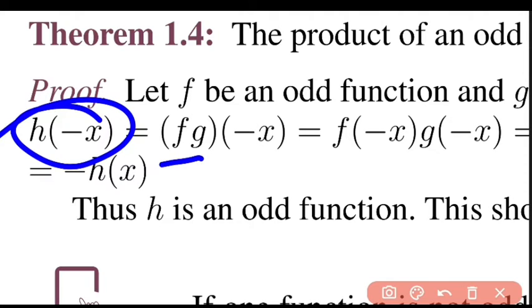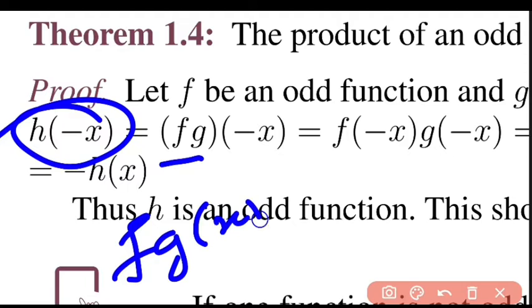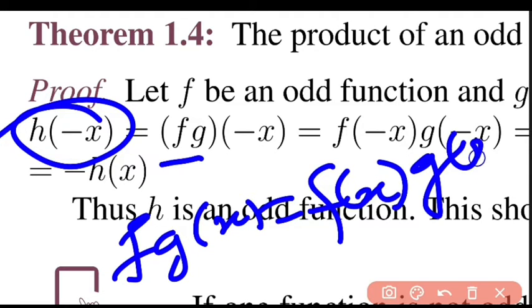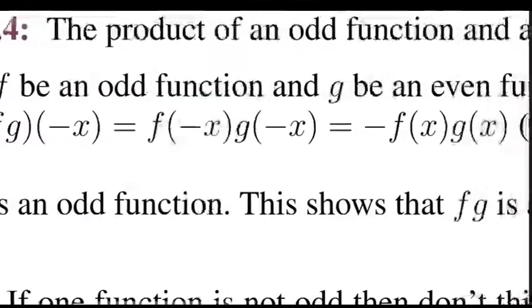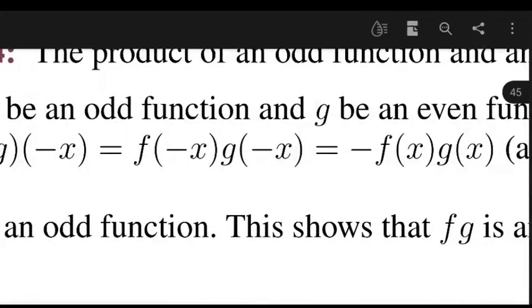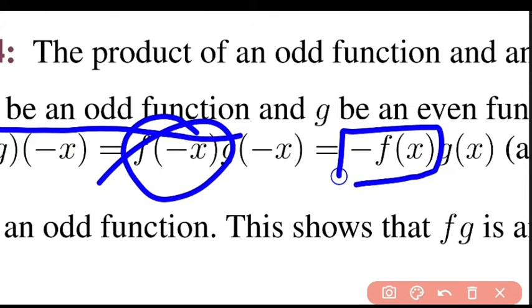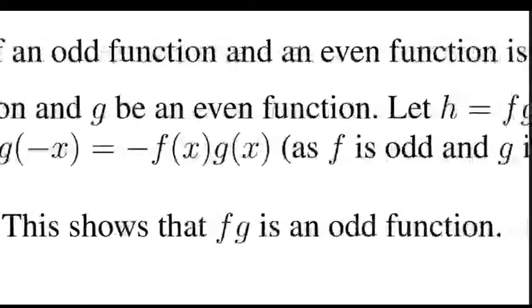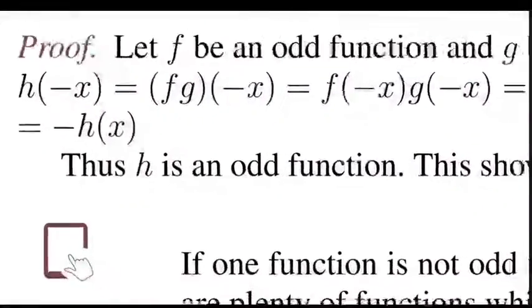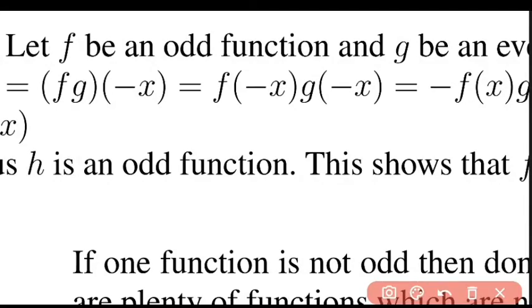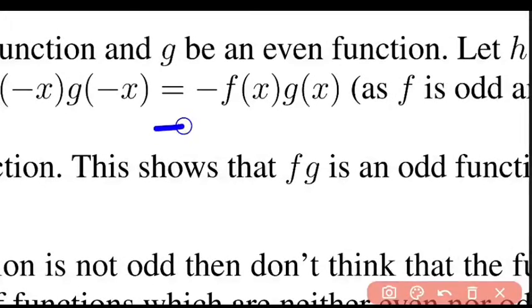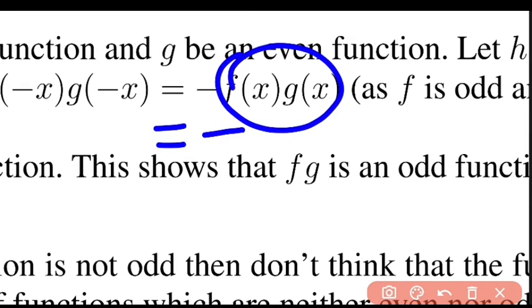By the definition, (f into g)(x) equals f(x) into g(x), so this is f(minus x) g(minus x). Since f is an odd function, f(minus x) is minus f(x), and g is an even function, so g(minus x) is plus g(x). Therefore this becomes minus h(x), since minus f into g(x) is h(x).